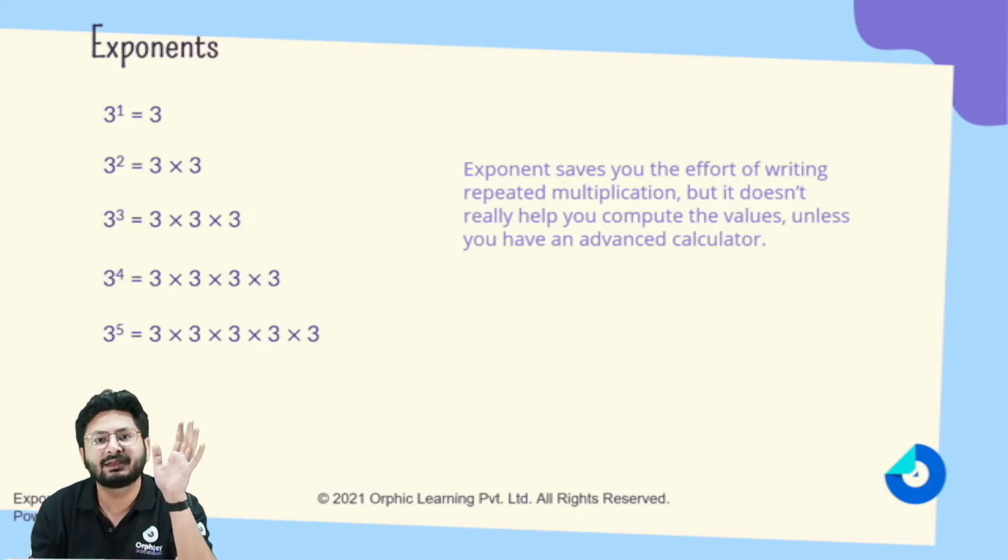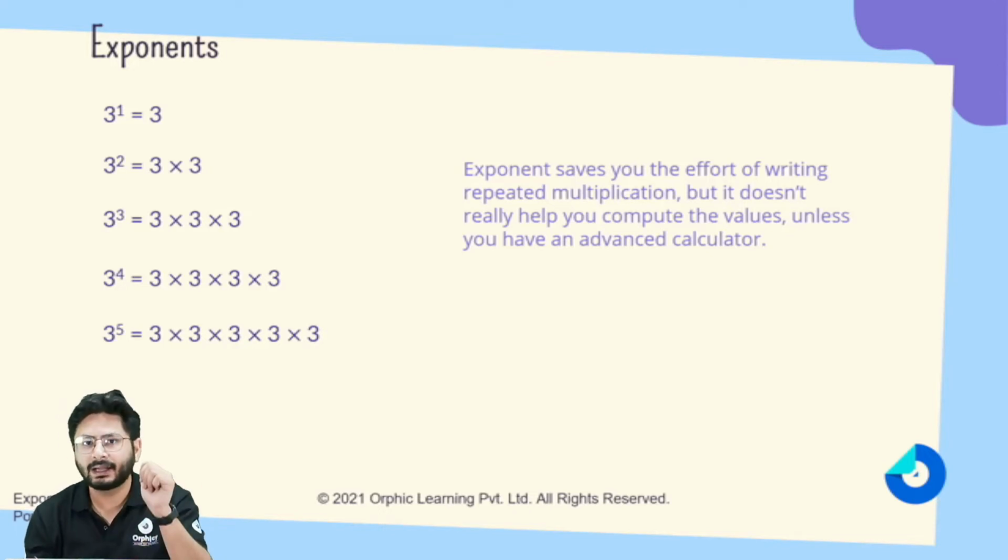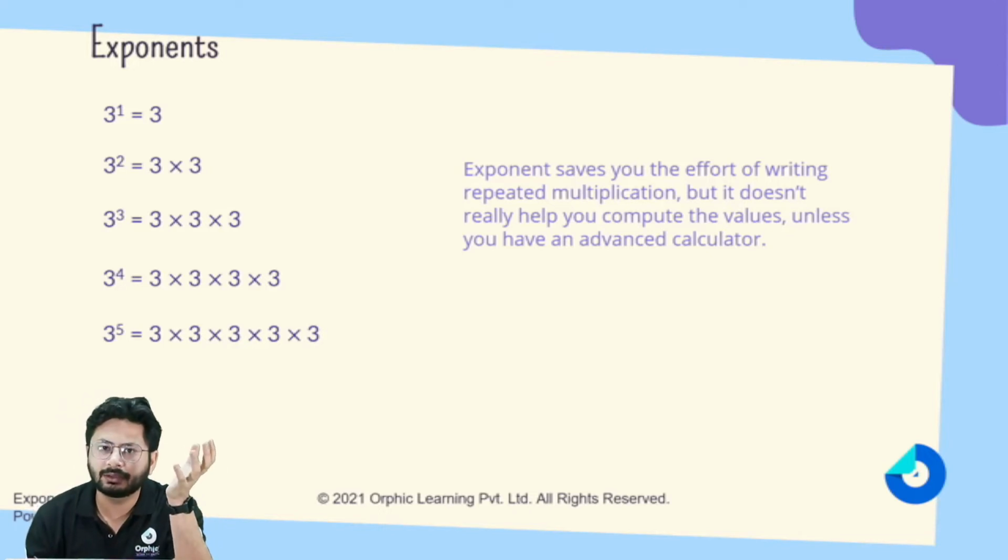The same thing is written on the screen: exponents save you the effort of writing repeated multiplications, but they don't really help you compute the values unless you have an advanced calculator. The calculator is a different matter, but for us it won't help with the calculation part. It is just reducing the effort of writing.